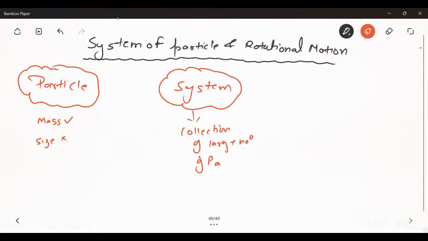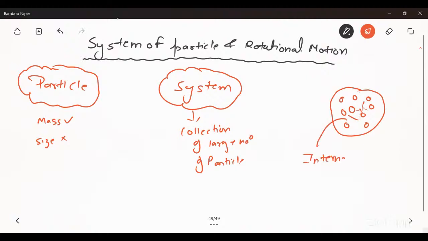Now next, there are two types of force on the molecules. Suppose there is a body with molecules inside it. They all apply force on each other. That force is known as internal force.